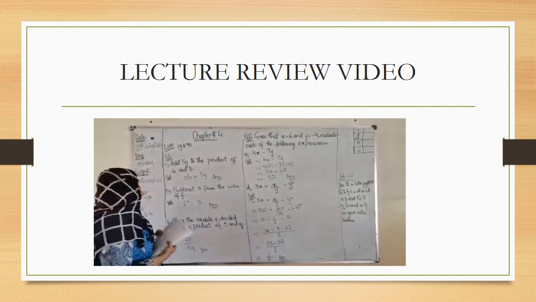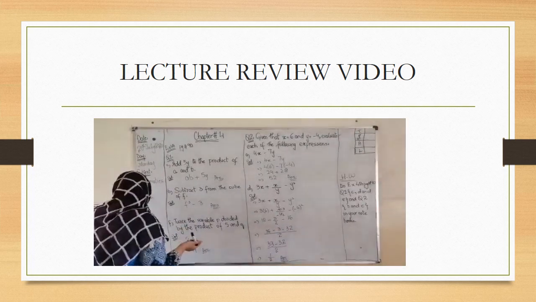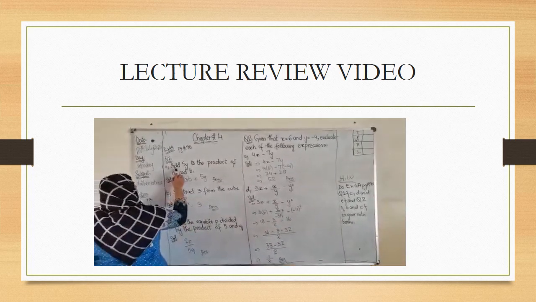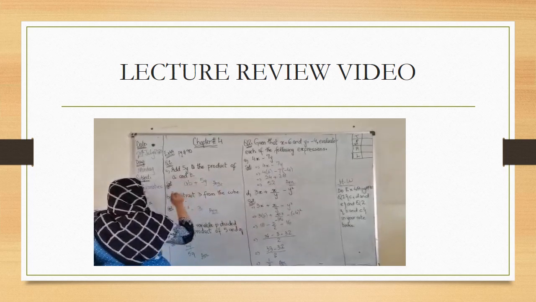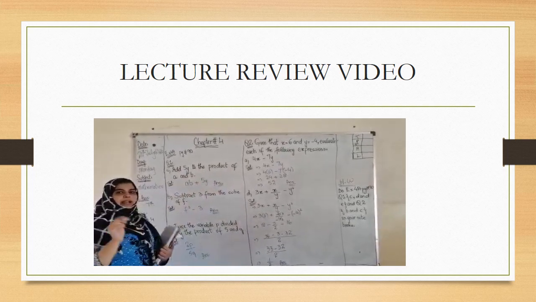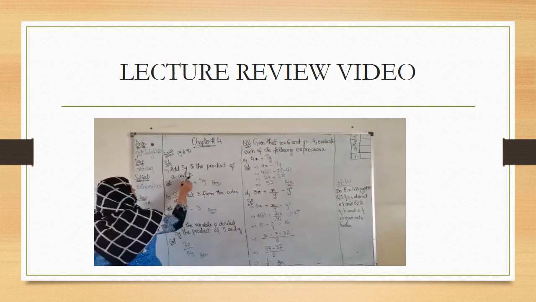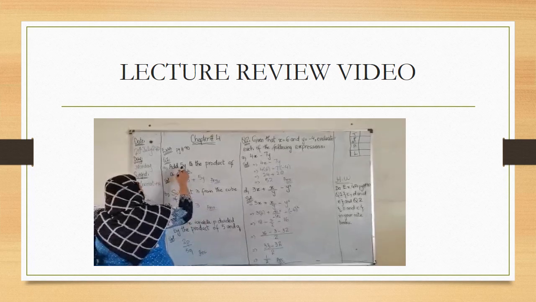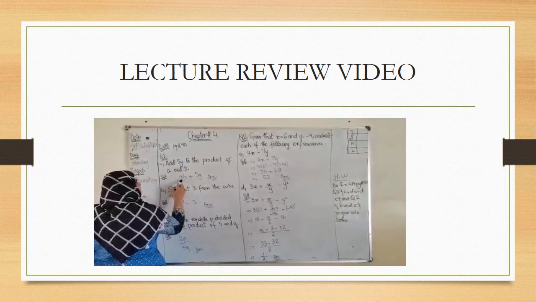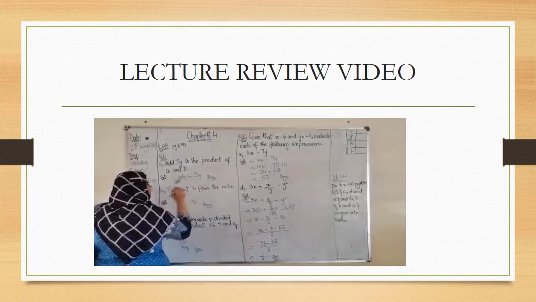Okay class? The first statement is: add 5 to the product of A and B. Product means multiplication. A and B multiply with each other, and add 5 to it means AB plus 5.